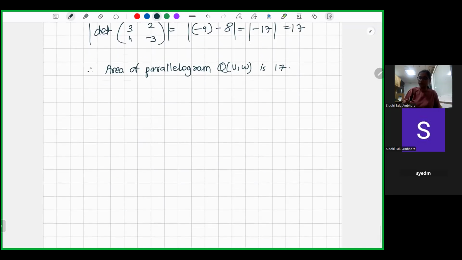again the same question about the area of a parallelogram. So let V be this 2, 1 and W be 3 comma minus 1 belonging to R2.